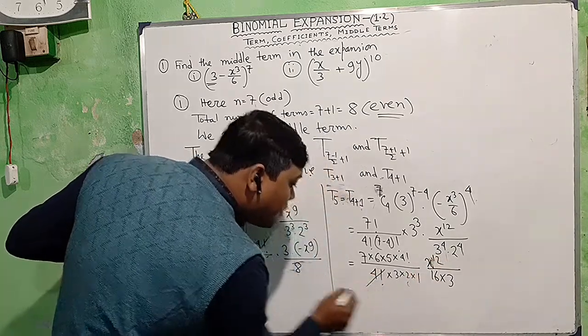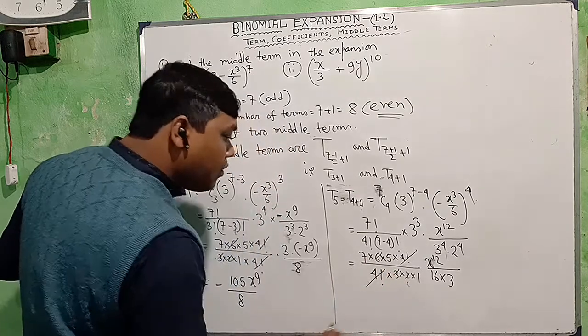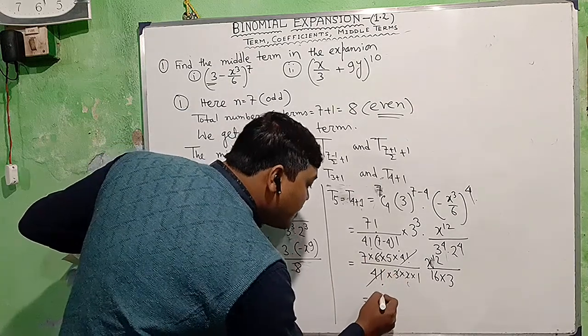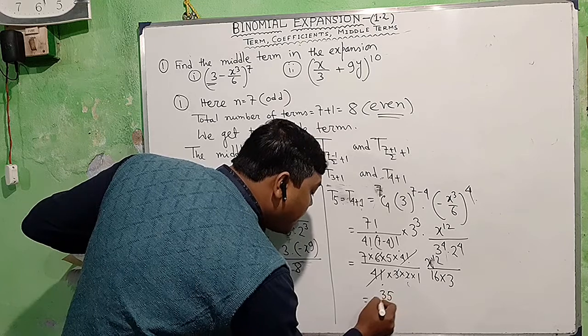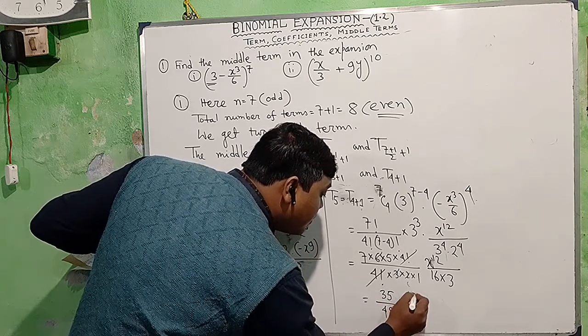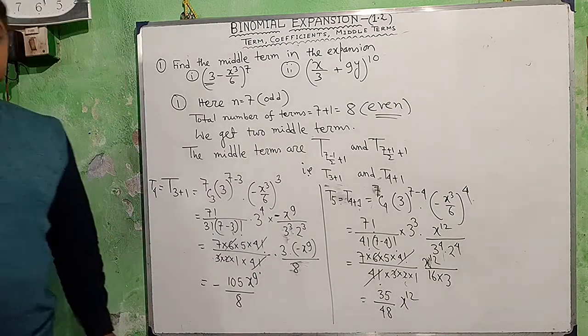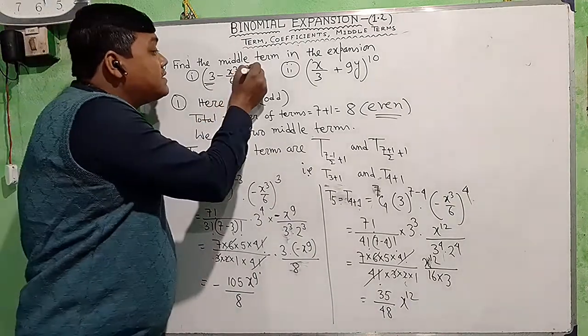After some calculation, 4 factorial cancelled, 3 to 6. So we have got 35 by 48 x to the power 12. That is the second middle term when n is 7.